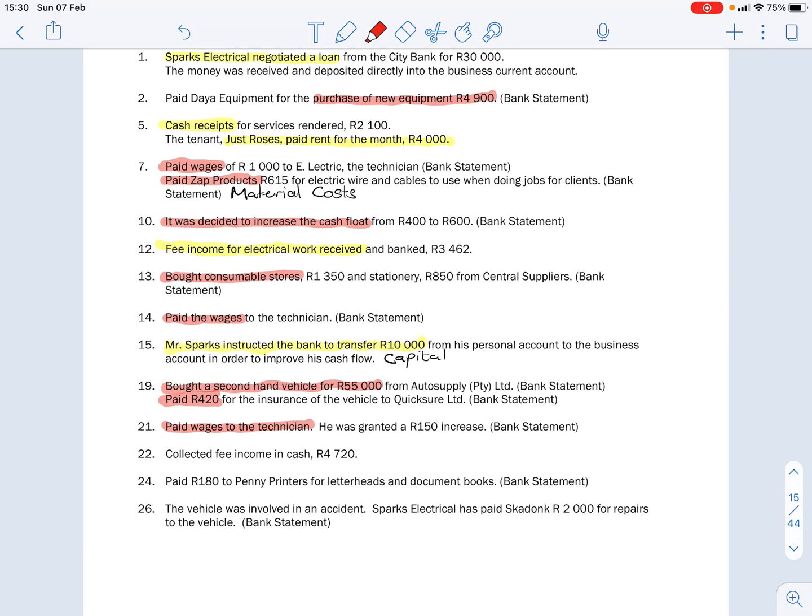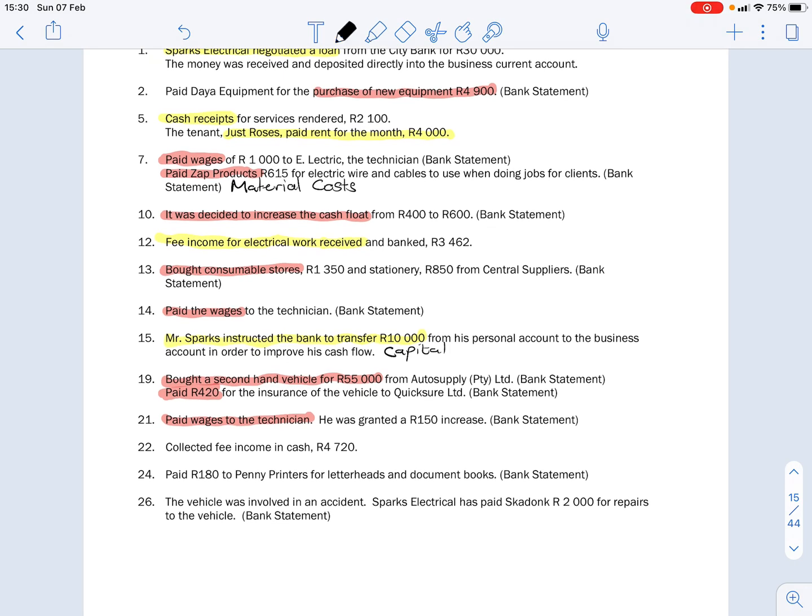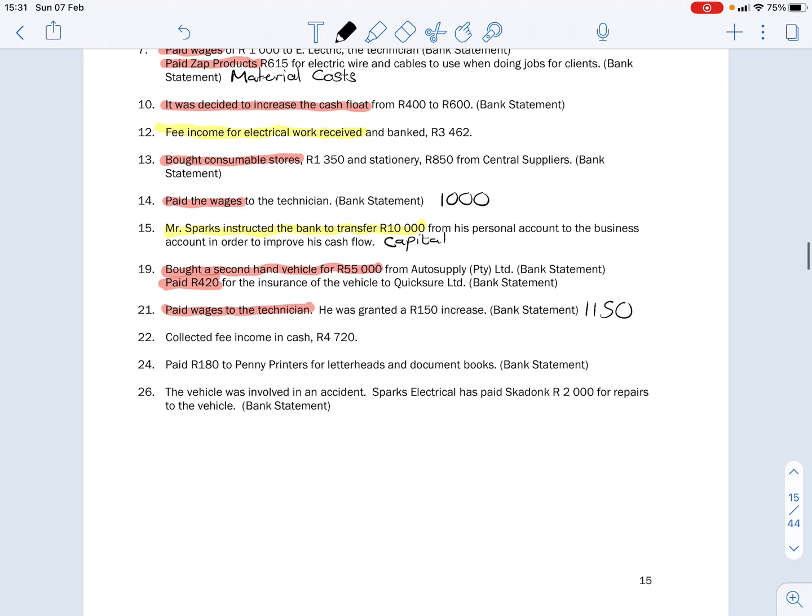So we need to look at the wages paid to the technician, Electric. On the 7th, he was paid 1,000 Rand. On the 14th, again, we pay him 1,000 Rand. And then on the 21st, he was granted a 150 Rand increase, so his new wage would be 1,150 Rand.